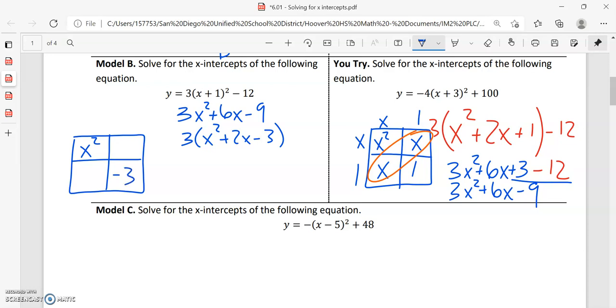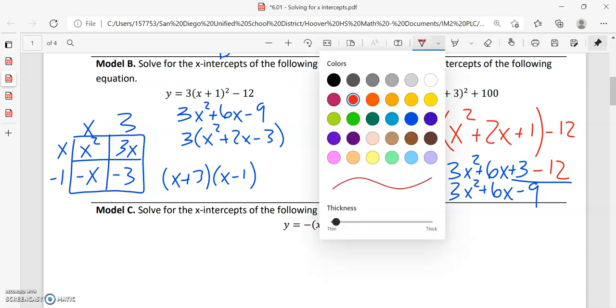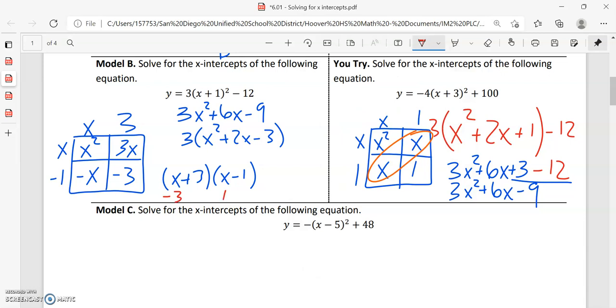What multiplies to negative 3 and adds to 2? 3x and negative x. Factoring going up, we pull an x out. X times x times 3, and x times negative 1. So we get x plus 3 times x minus 1. Therefore, our x values are negative 3 and positive 1. So x equals negative 3 and positive 1.